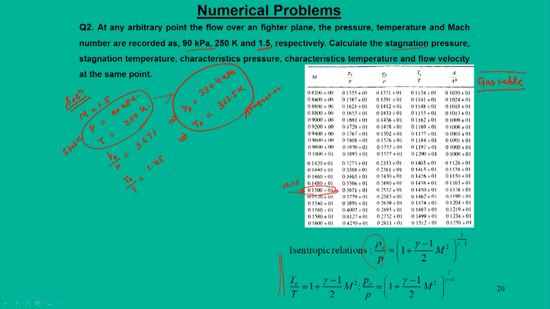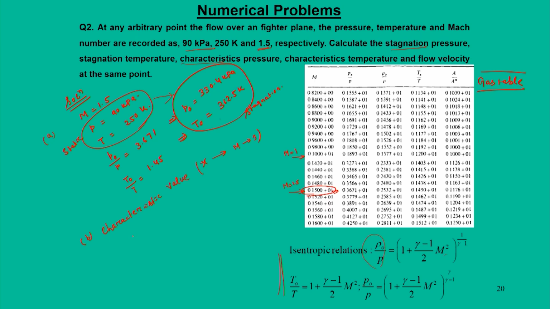Now, another parameter it is asking is the characteristic pressure. The second part of the problem is characteristic value, which means here we have the star value, for which your M approaches 1. So, for M equal to 1, you take this data. This data corresponds to a situation where M is equal to 1.